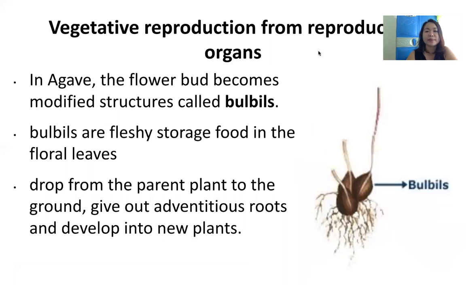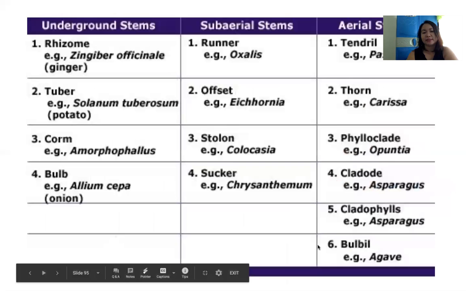Another vegetative reproduction using reproductive organs is the bulbils, for agave. They are modified structures, fleshy storage food in the floral leaves. Once dropped from the parent plant to the ground, they give out adventitious roots and develop into new plants.